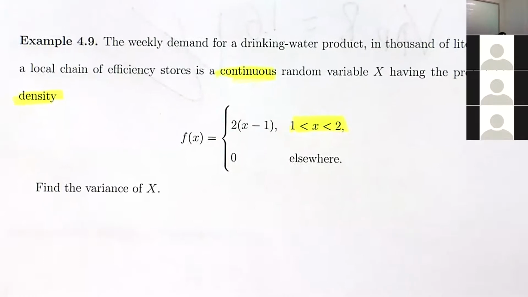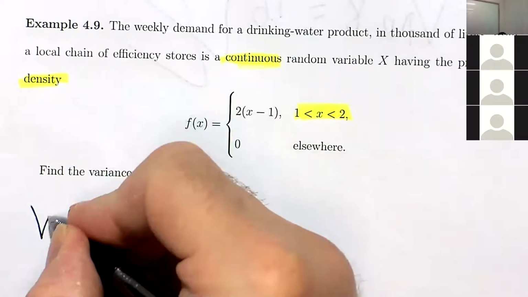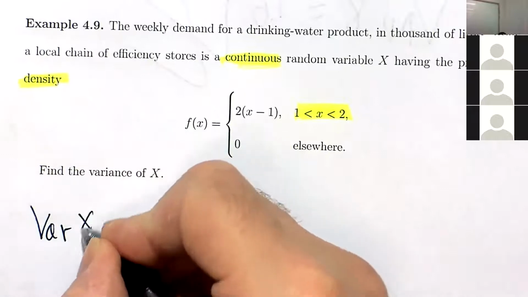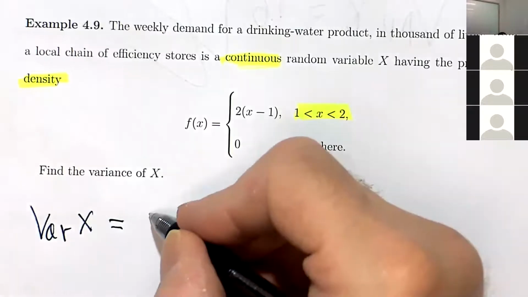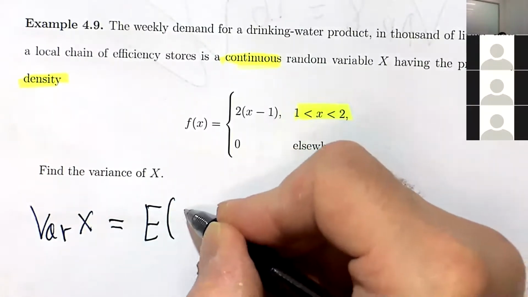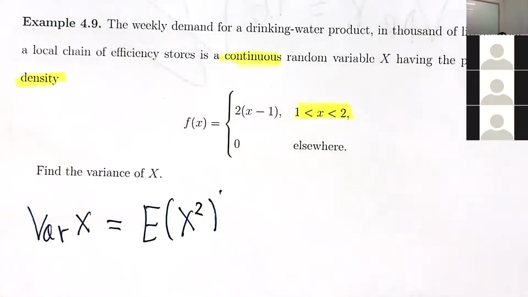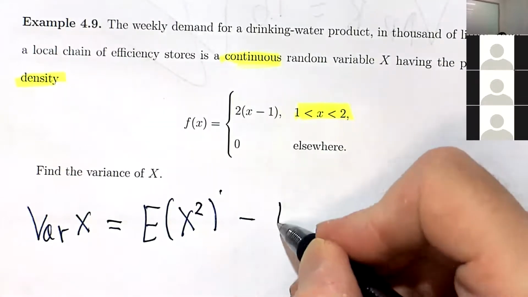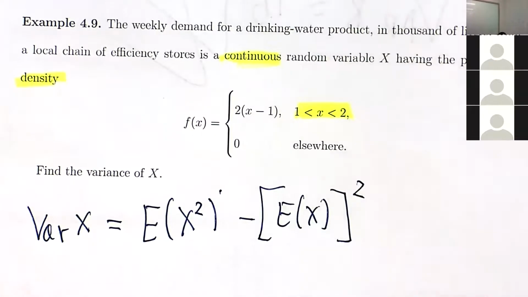Find the measure of spread. So let's take this problem. So variance of random variable x is expected value of x squared minus square of the expected value.